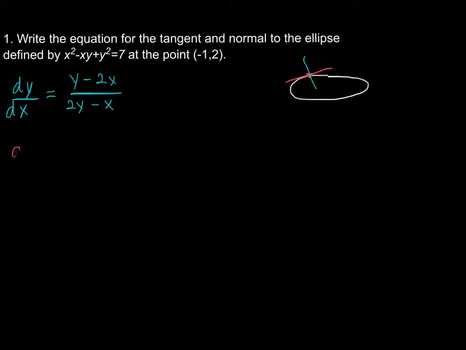So I want to take my derivative dy dx, and I want to evaluate it at the point negative 1 comma 2. So here my x value is negative 1, and my y value is 2, and so I'm going to substitute that into my equation here. And after substituting and solving, I get 4/5, and so that is the slope of the tangent.